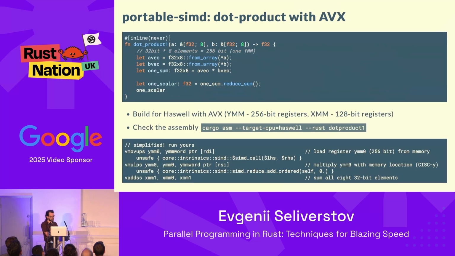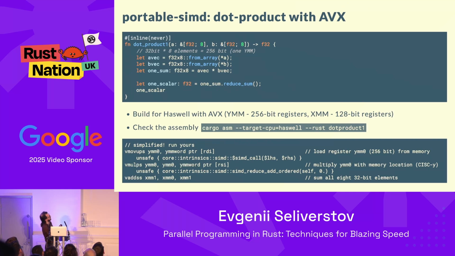And the best part, you don't need to write all the intrinsics, yeah? You write safe code, not unsafe, and you use normal operations like a normal person. You can multiply, add, and that's much better. If you build it for Haswell, an architecture with AVX, we can see in the assembly that we actually use the registers.